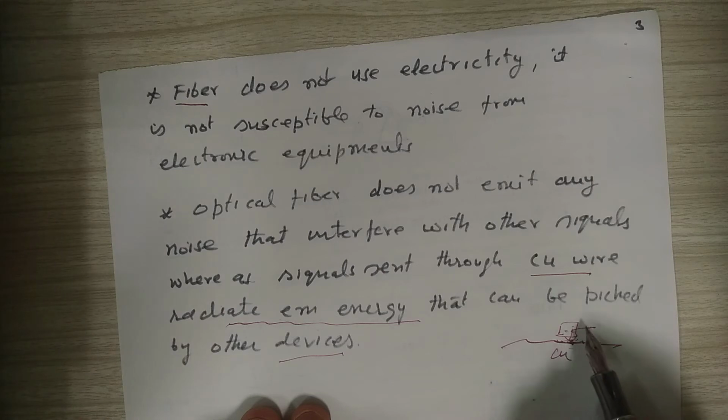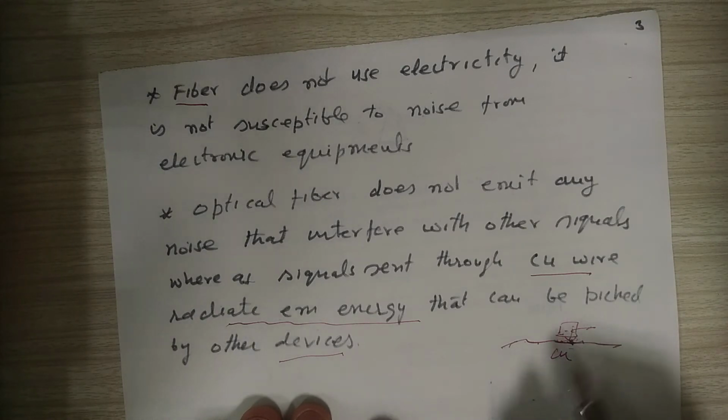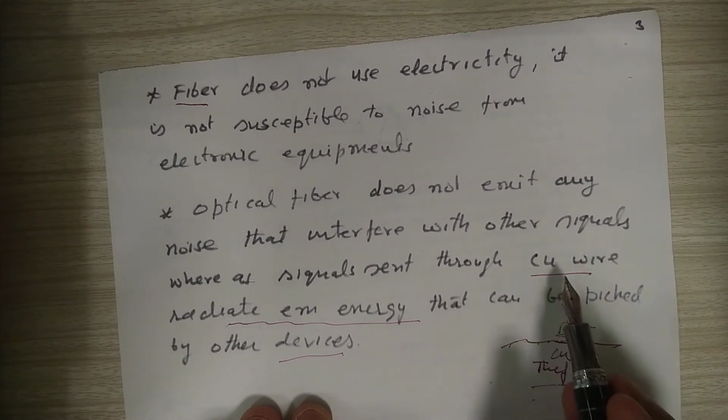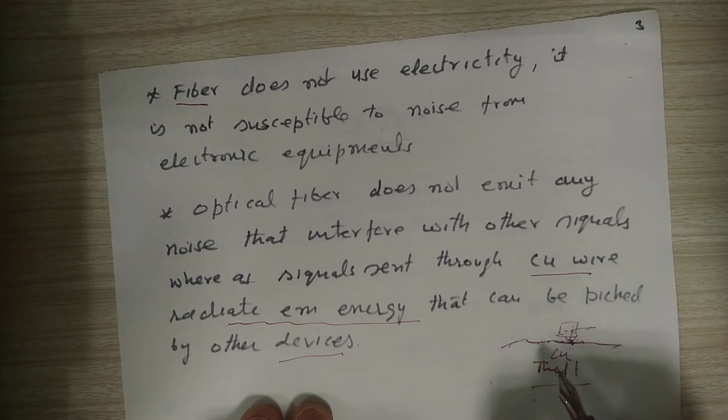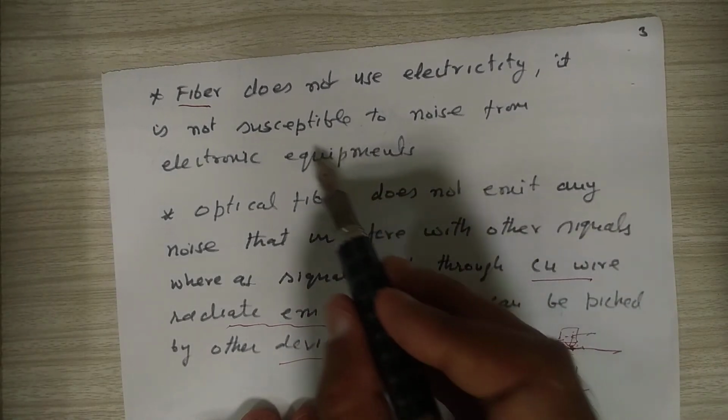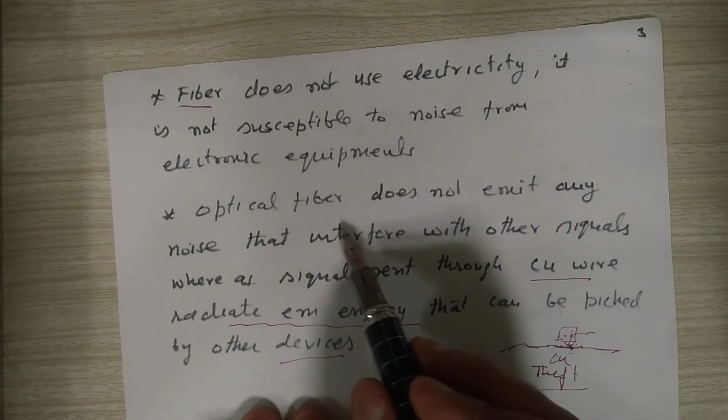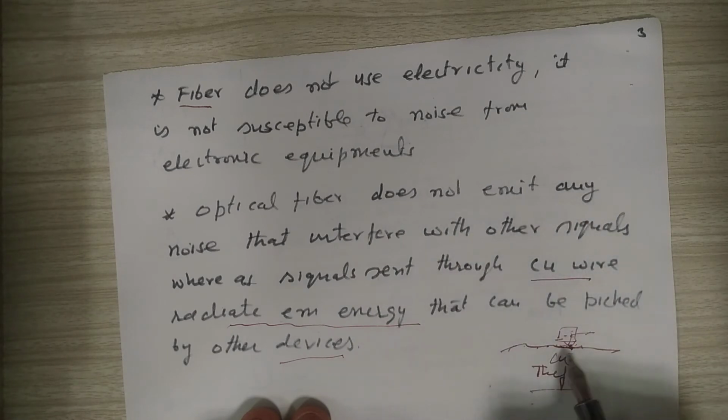So you can say that if we are using a copper wire system, your signal can be tapped. Theft of the signal is feasible with copper wire if we are using copper wire for communication. Whereas in case of the optical fiber, we are sending light signals.